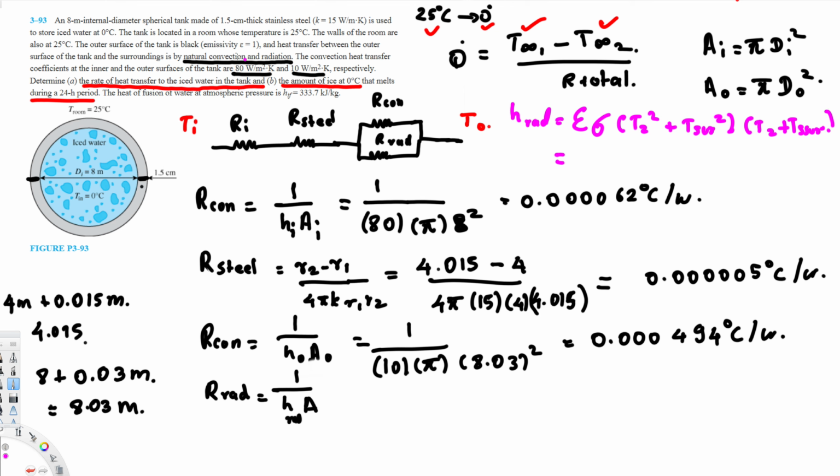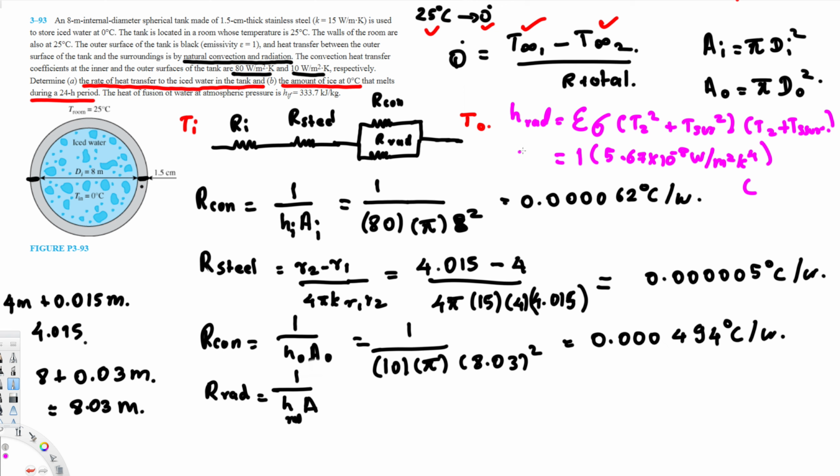The emissivity for black surface is always 1, so this is going to be 1, and sigma is going to be Stefan-Boltzmann constant, that's going to be 5.67 times 10 to the power of minus 8 watts per meter square Kelvin power 4. And then the outside temperature is 25 degrees Celsius, right?